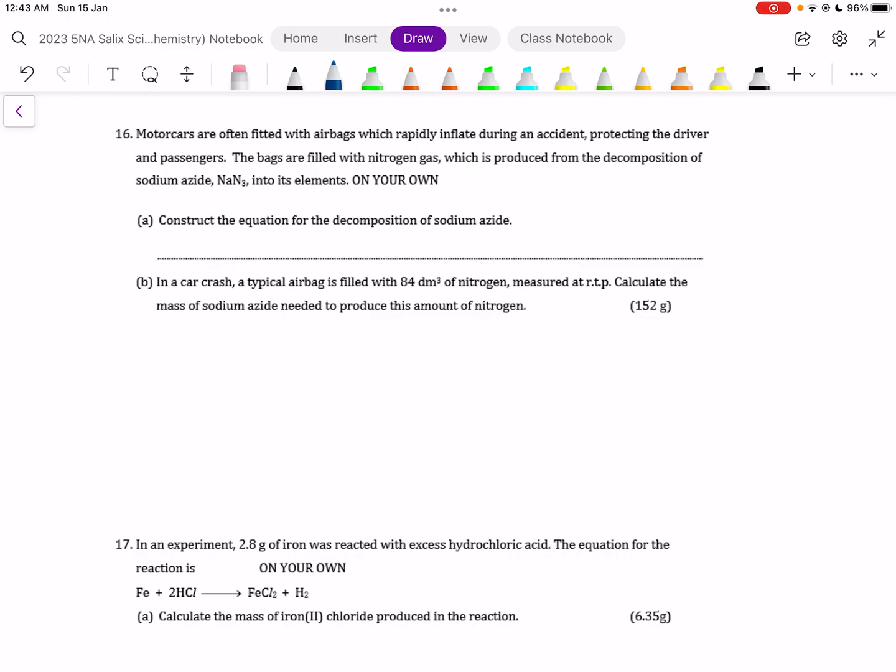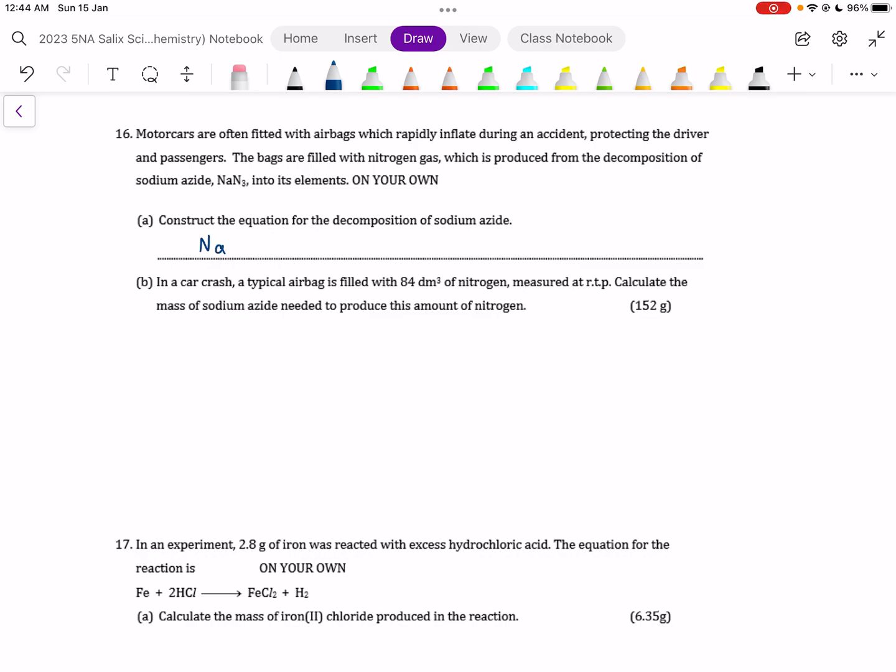Motor cars are often filled with airbags which rapidly inflate during an accident, protecting the driver as well as the passengers. The bags are filled with nitrogen gas, which is produced from the decomposition of sodium azide into its elements. So now you are required to construct the equation.